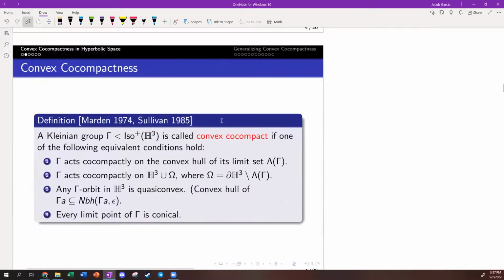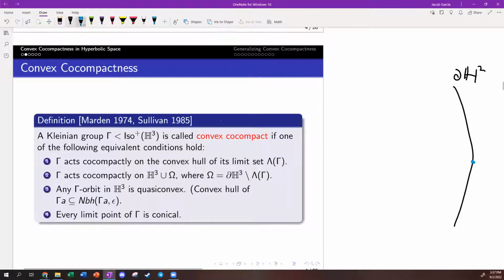And then finally, I have this condition that says that every limit point of my group is conical. So let me tell you what that means. Let me draw a piece of the boundary of my space, and I'm going to take a limit point here.